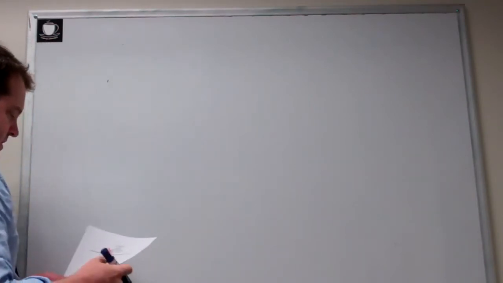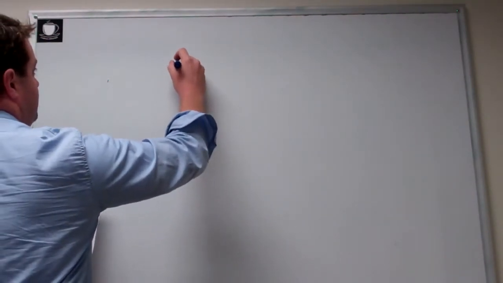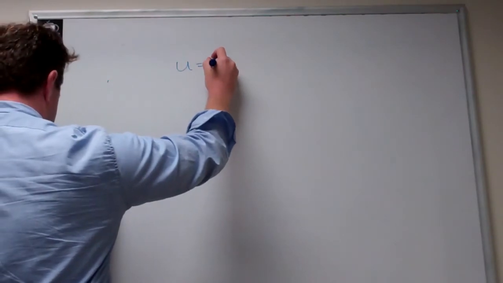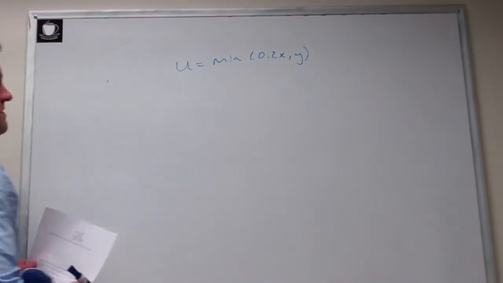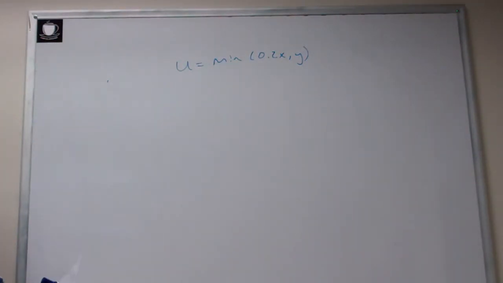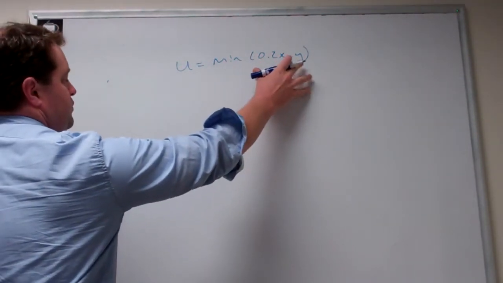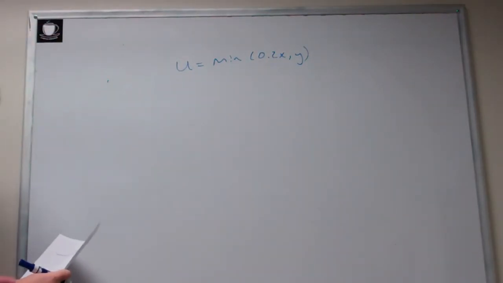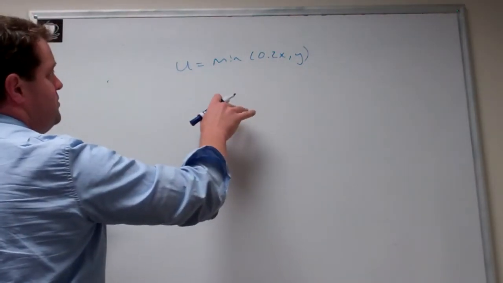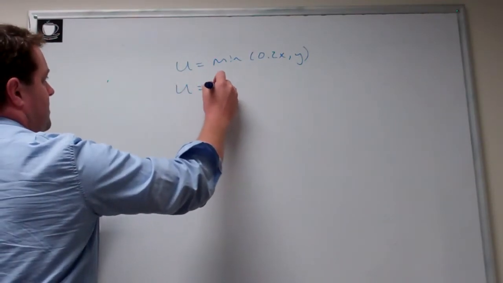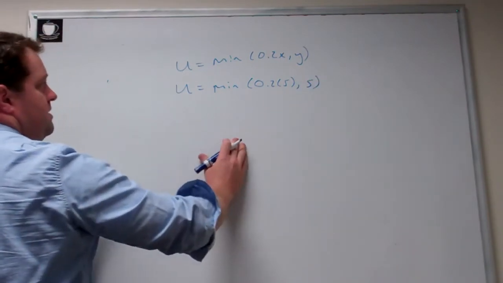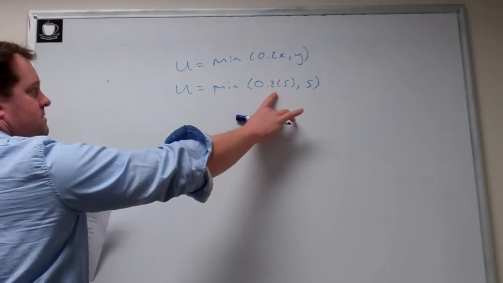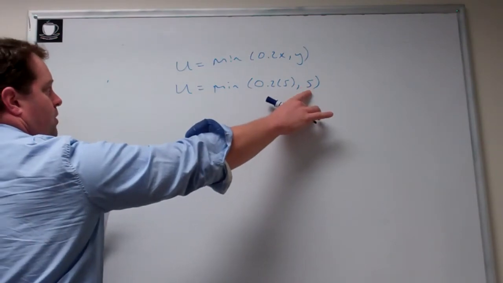Then the final utility function that I'm looking at here is perfect complements. And this is that weird argument function where I'm looking at the minimum of the two numbers that appear in the parentheses. So if this consumer has 5 units of X and 5 units of Y, utility is going to be the minimum of 1, which is the product of 0.2 and 5, or 5.